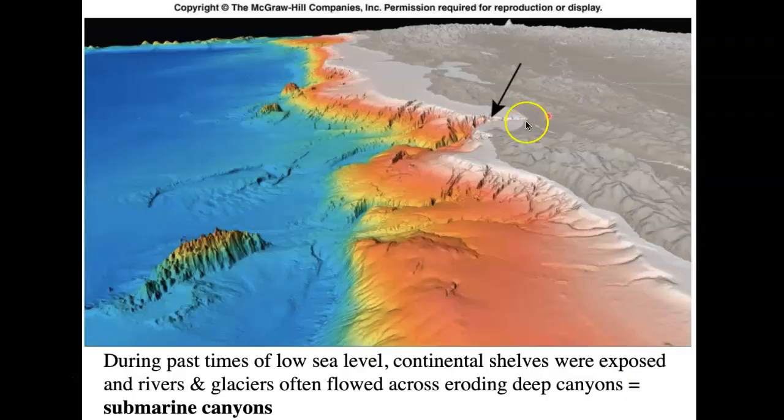So now this submarine canyon is actually Monterey Canyon. It's one of the largest submarine canyons, which extends nearly all the way to Monterey Bay. And this is kind of cool. They actually got this image from a multi-beam sonar image of the continental margin of this area of Monterey Bay.